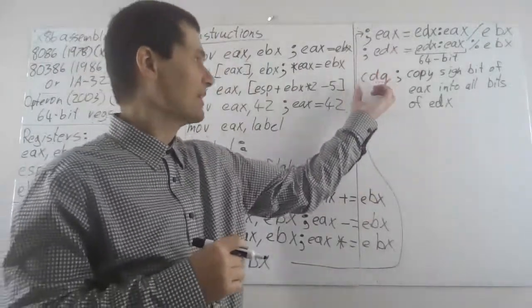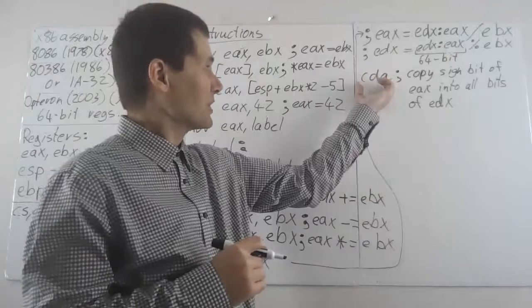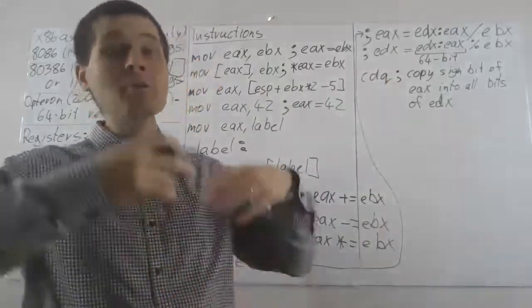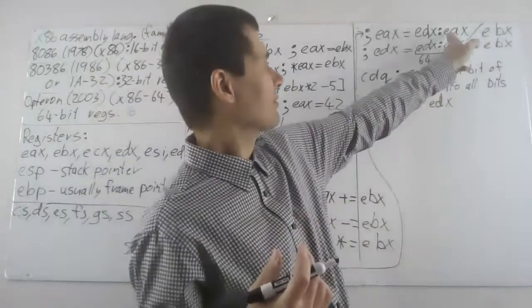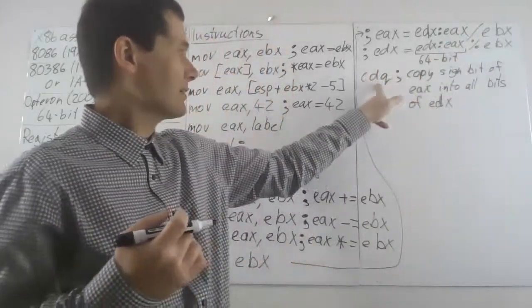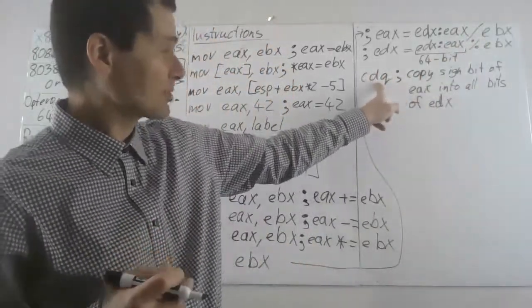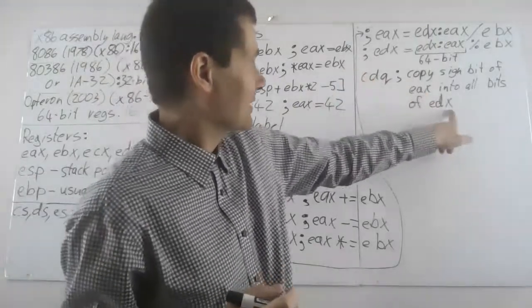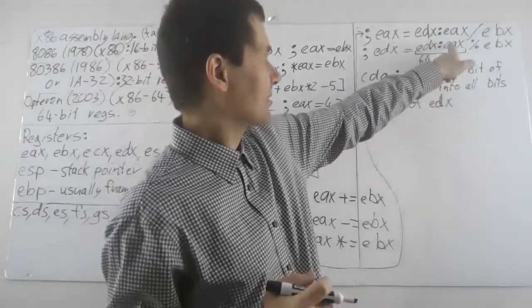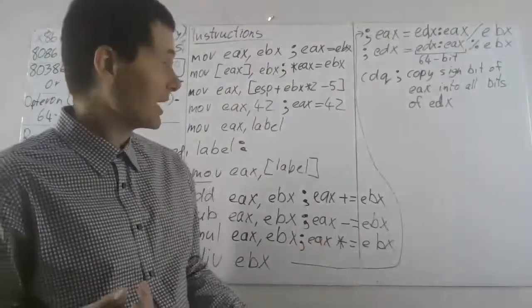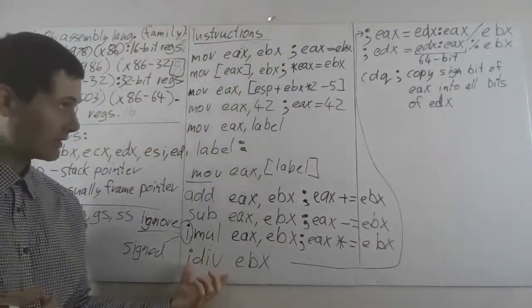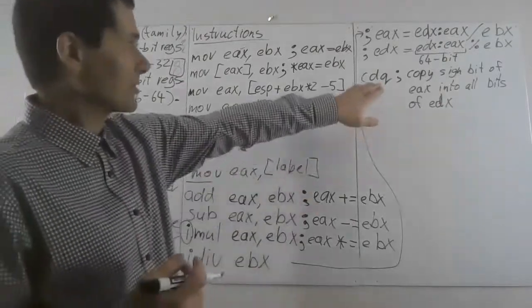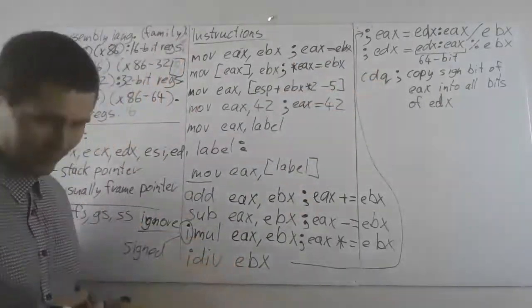Maybe it's not really that important what it does. The important thing is, always do this before a division. If you want to do a 32-bit division, you put your dividend in EAX, then you run the CDQ instruction, and that will set EDX correctly based on the sign of the number that you're dividing, and then you can do your idiv instruction. So always do this right before a division.